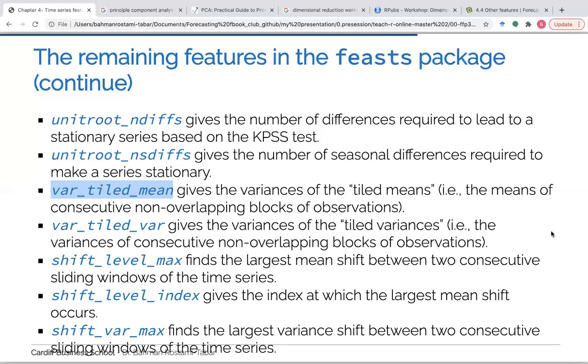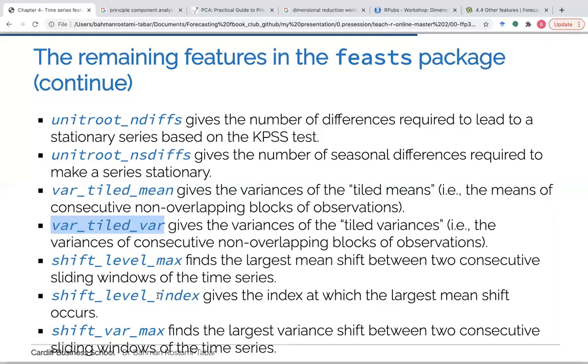So you can think of it as a block or as a window. We calculate the mean of each window, and we see whether the mean is changing from one window to another one. We can have something similar to this, but this time for the variance. So this will also be helpful to see whether the variance is changing or not.